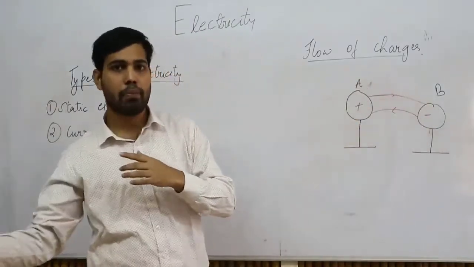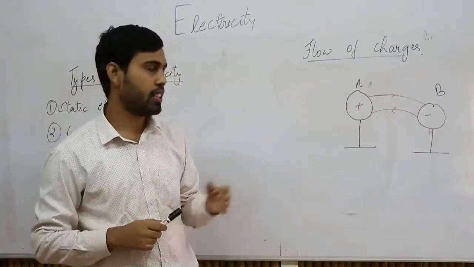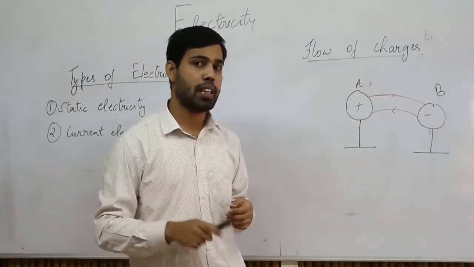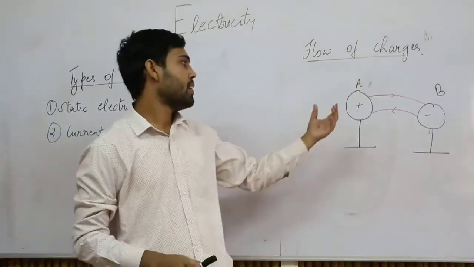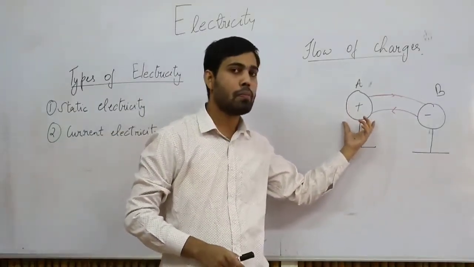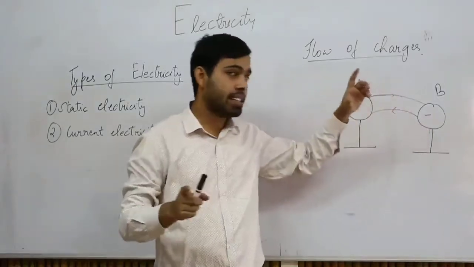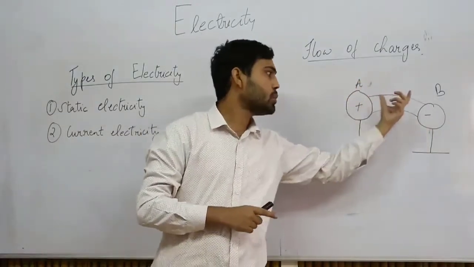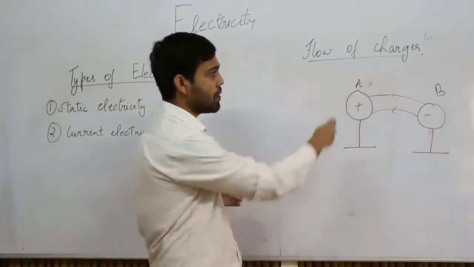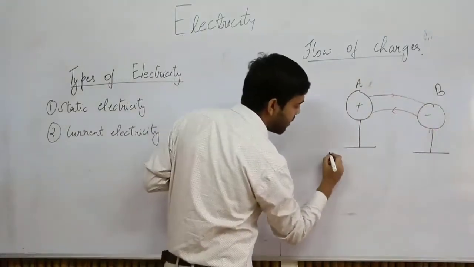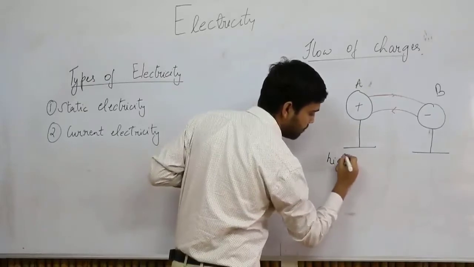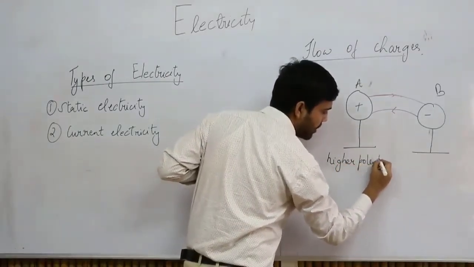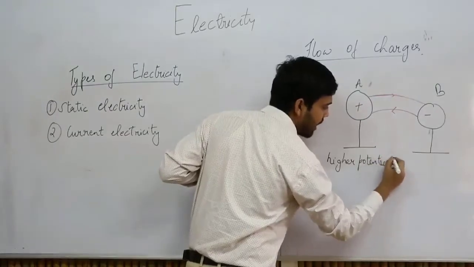At that period of time, there was a big confusion regarding this. To make things simpler, it was assumed, I repeat, it was assumed that charges flow from body A to body B, that is, from the positive body to the negative body. Body A was said to be at a higher potential.